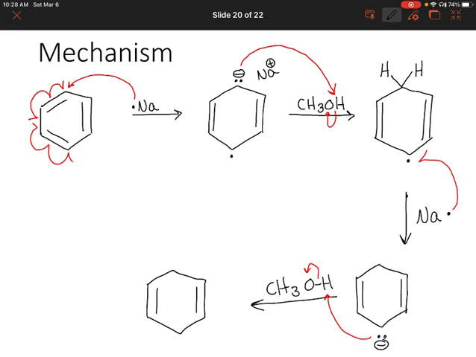Okay, so let's talk about what type of products you would end up with if you had like an alkyl group attached, or maybe like a ketone or something attached to this benzene ring. Okay, so let's start with a ketone.